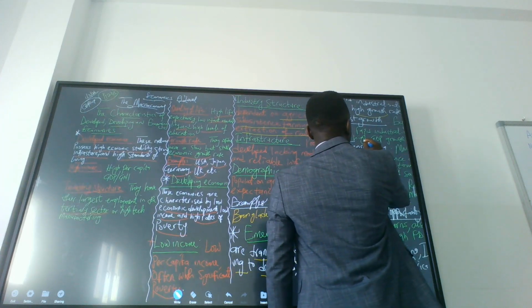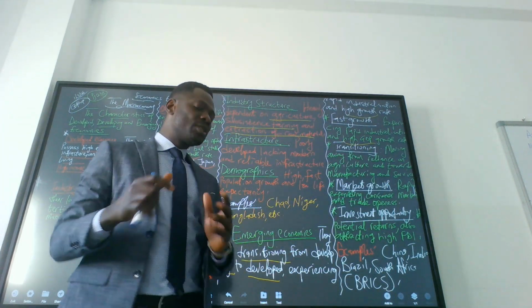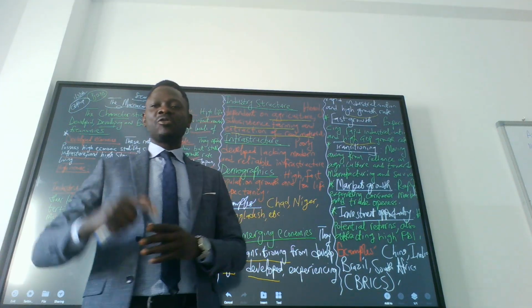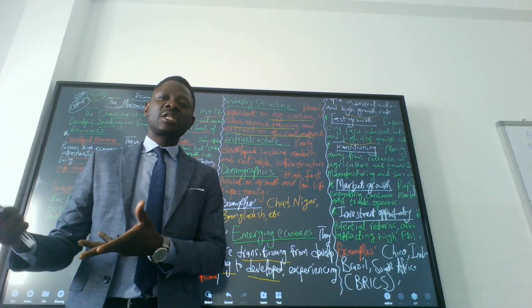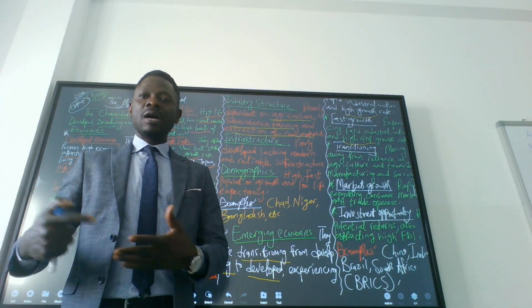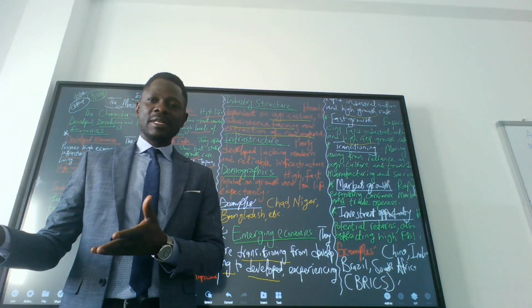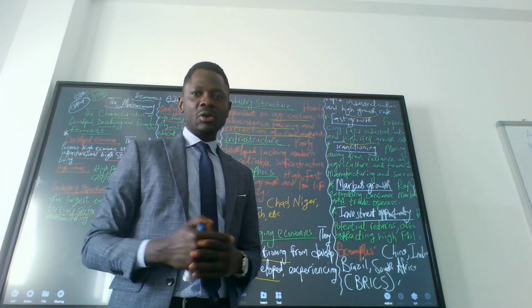Now we're talking about industrialization. Industrialization is a situation whereby a non-industrialized economy becomes industrialized. An economy that relies mostly on agriculture or extraction of raw materials starts transiting into the manufacturing sector, or the secondary sector.